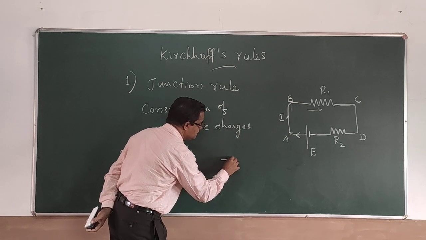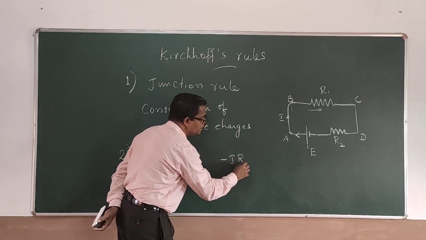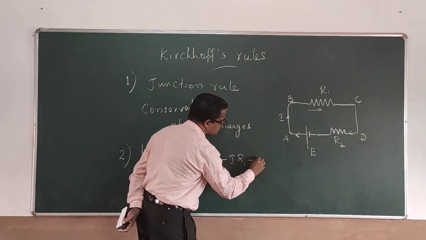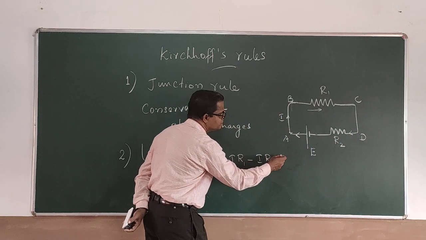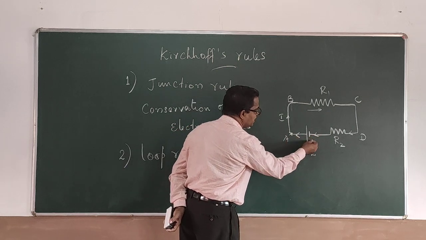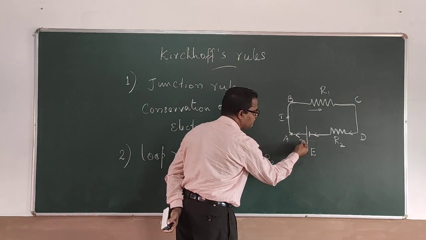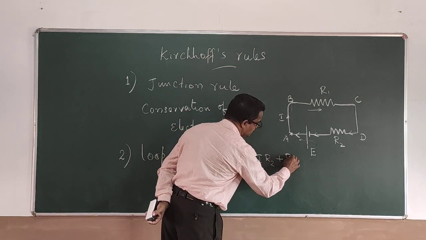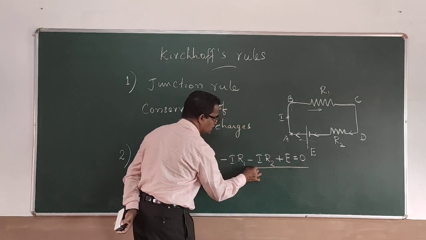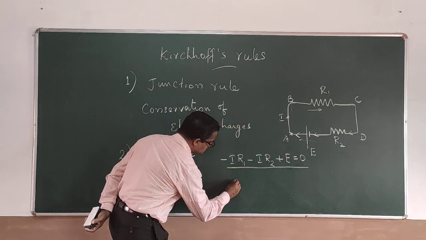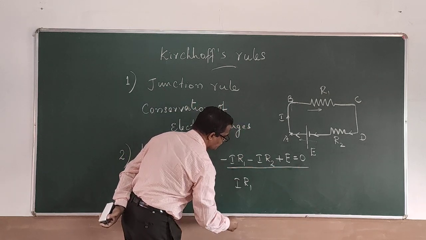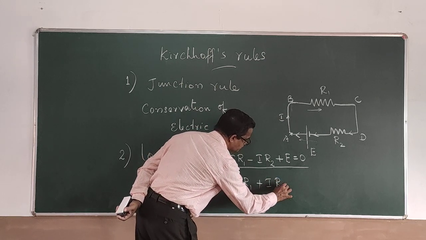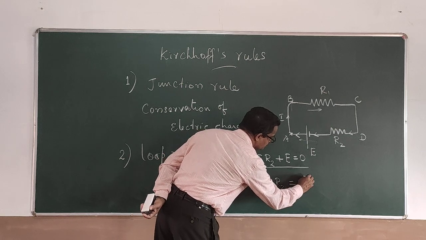Therefore, minus I into R1, again minus I into R2, and to reach A, I have to cross the cell from negative to positive, plus E, will be equal to 0. That means I R1 plus I R2 will be equal to E.